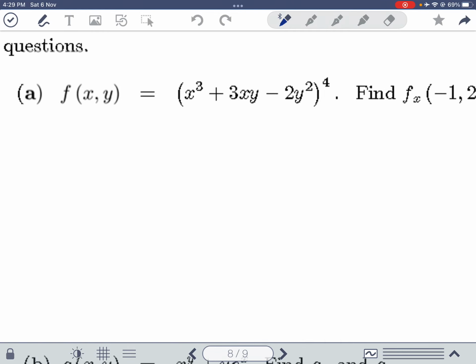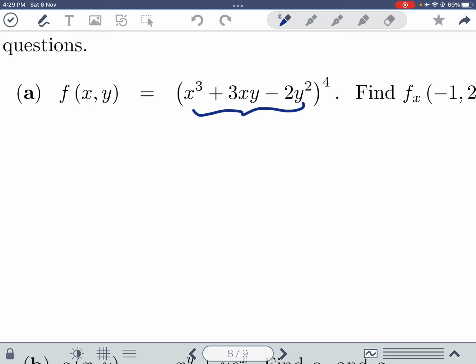So let me start. The function is something raised to the power 4. This power is for everything inside. So the thing inside, let's call it heart.